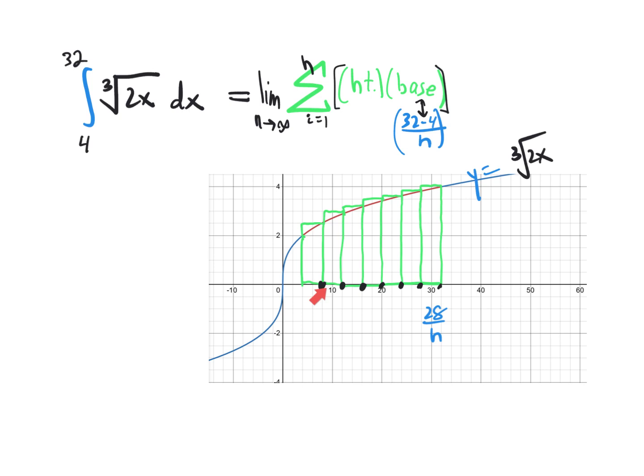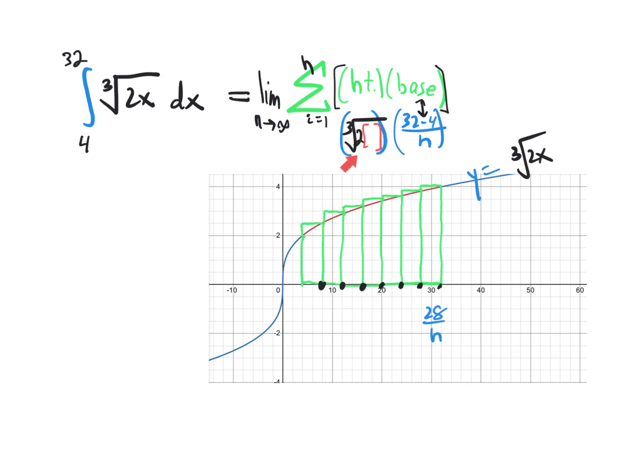We have to place these x values into the function to get the y value, which is the rectangle's height. You can see for this first x value, the y value will be here, this high, 2.25, which is the height of the rectangle. For the second rectangle, our x value has to be 12. When you put a 12 in, the output, the cube root of 2 times 12, will give us this y value, the height of that rectangle.